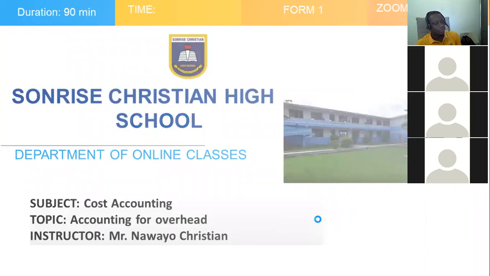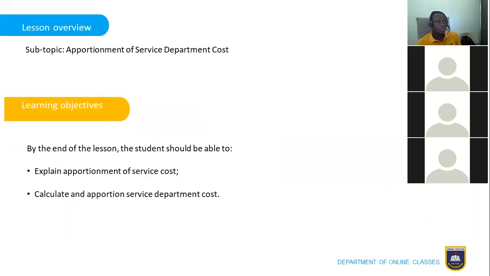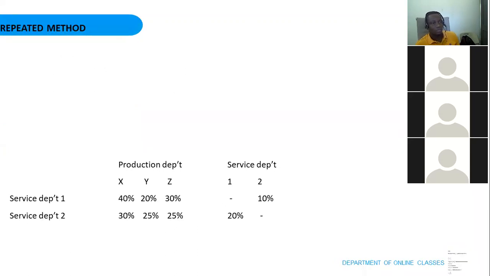Today, our focus was on apportionment of service department costs, and we had two objectives. You should be able to explain what apportionment of service costs is, and you should be able to calculate and apportion service departmental costs.